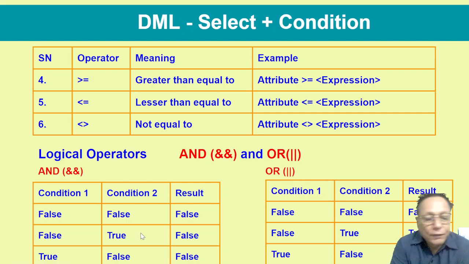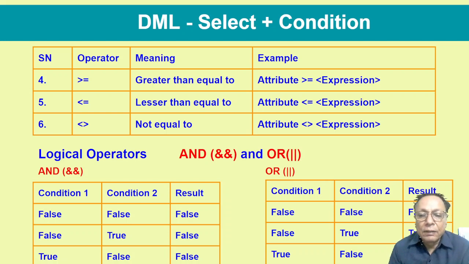If condition 1 is true but the second is false, still the result will be false. The result will be true only when all the conditions combined with AND are true. So the last option is applicable when you apply the AND logical operator.